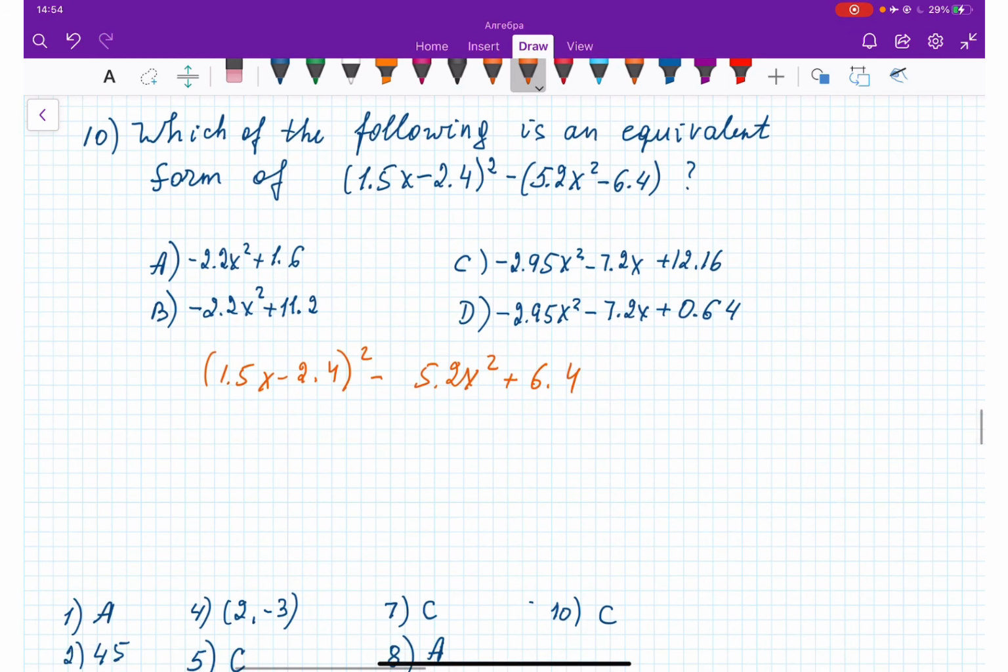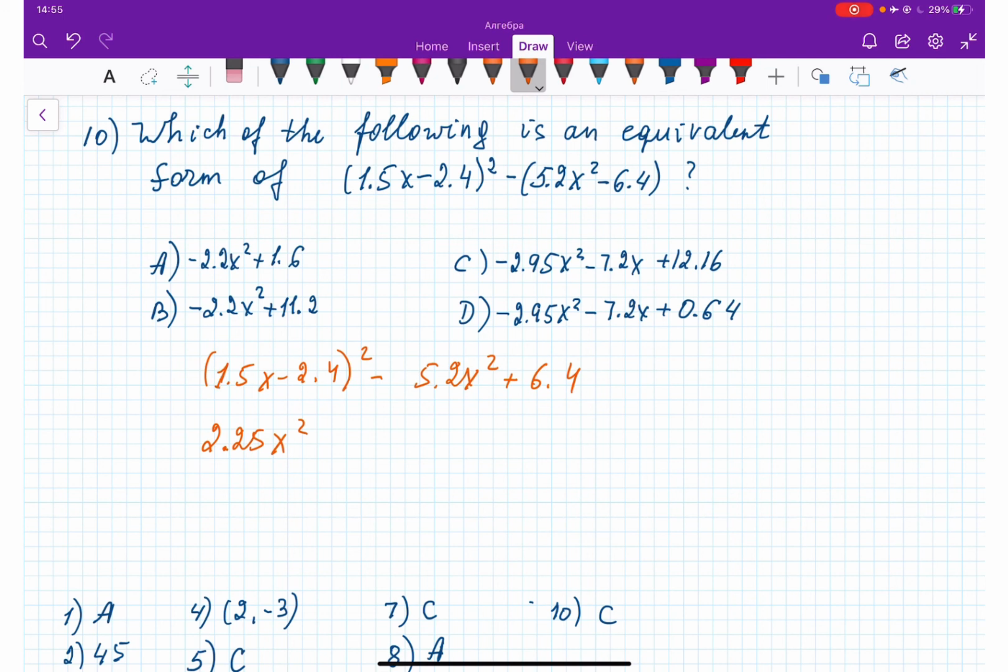All right. So I need to open this one. It's going to be 1.5 squared x squared. 1.5 squared is 2.25x squared.